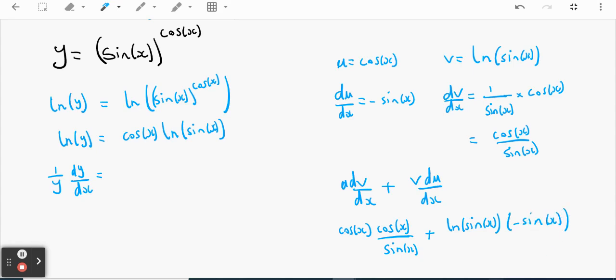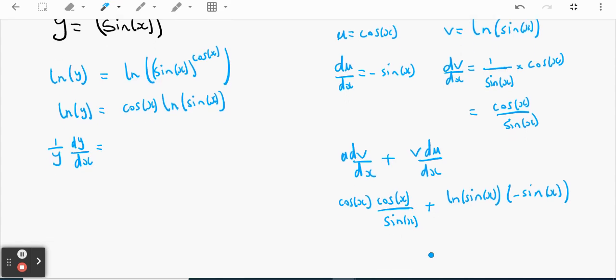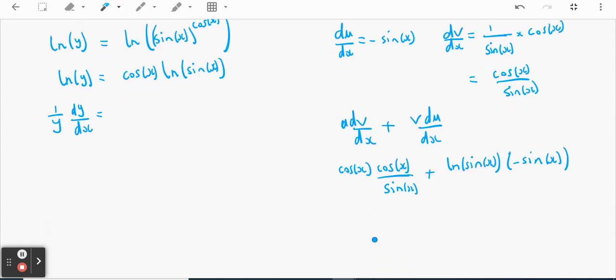Okay, then we can just simplify this. So this can simplify to cos squared x over sine x minus sine x ln of sine x.